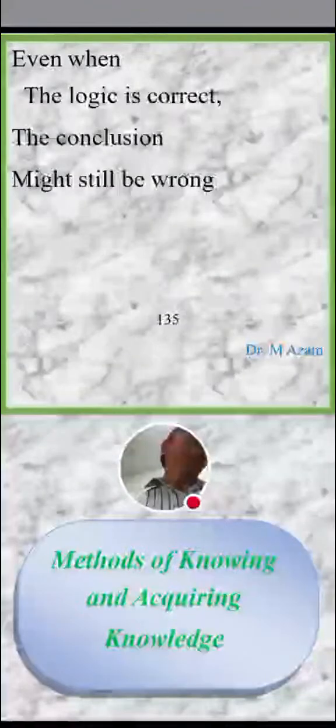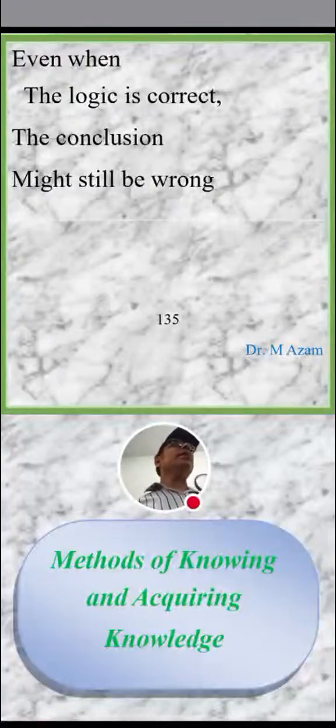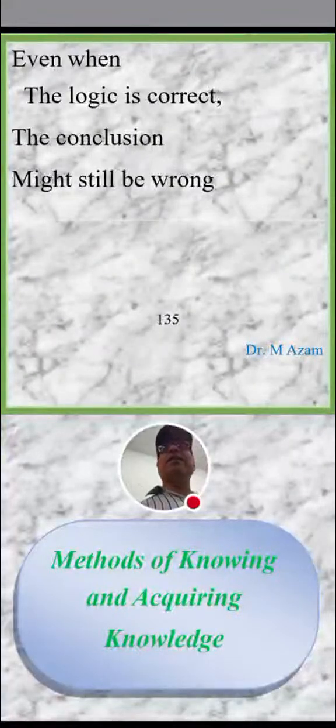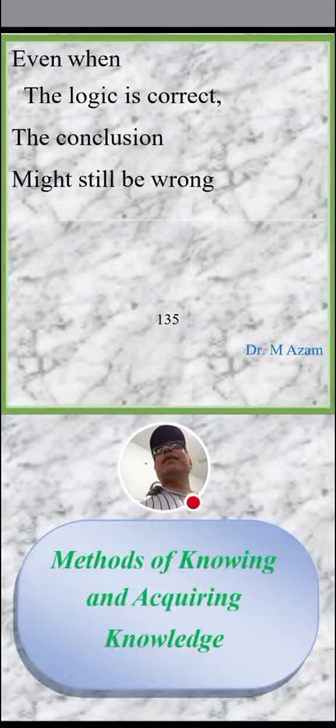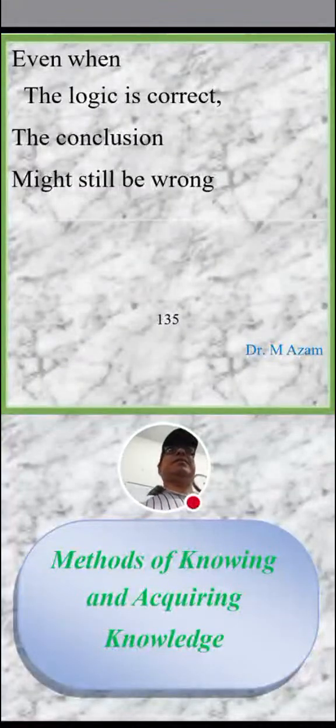The argument is wrong. Now, in politics, many times, different parties make arguments in their favor and against their rivals. They come up with narratives. Narratives are based on arguments.